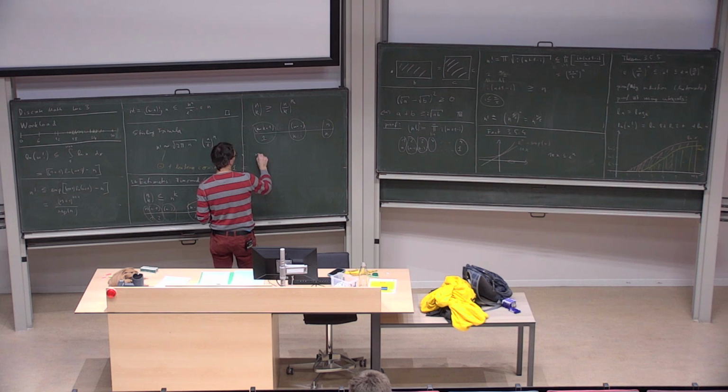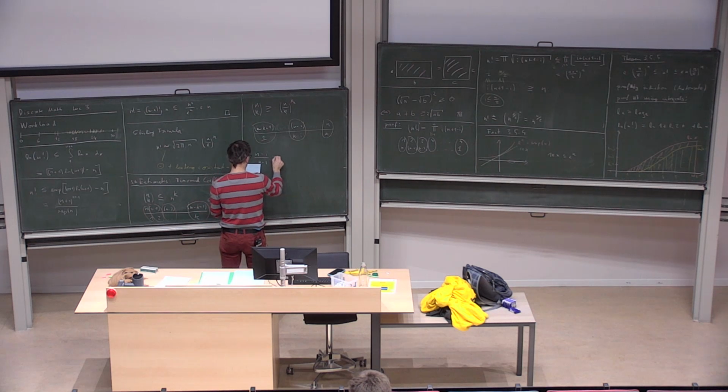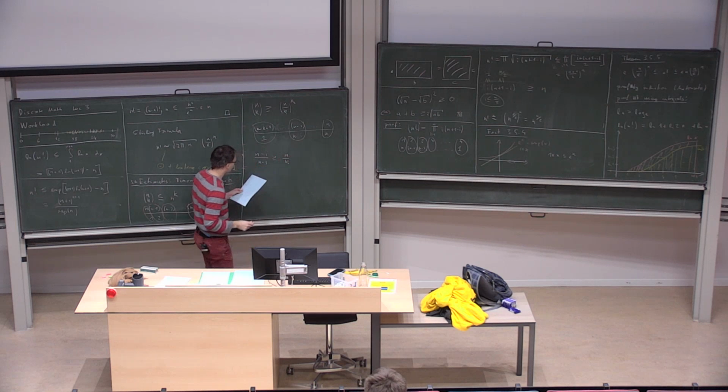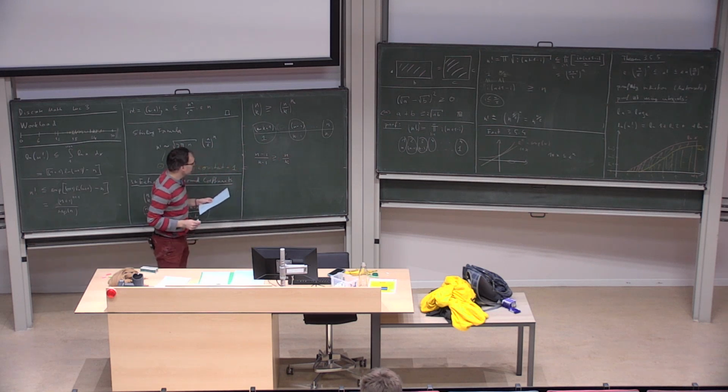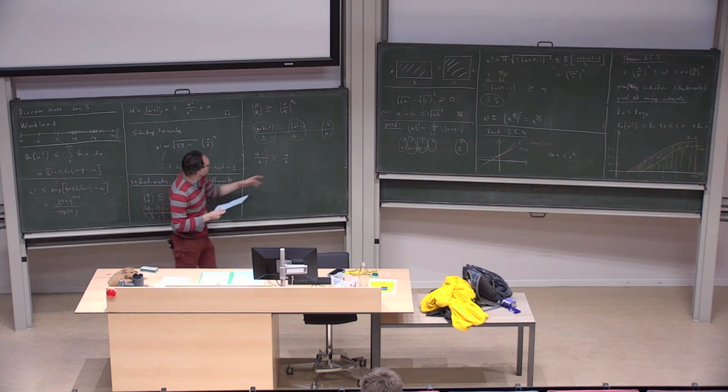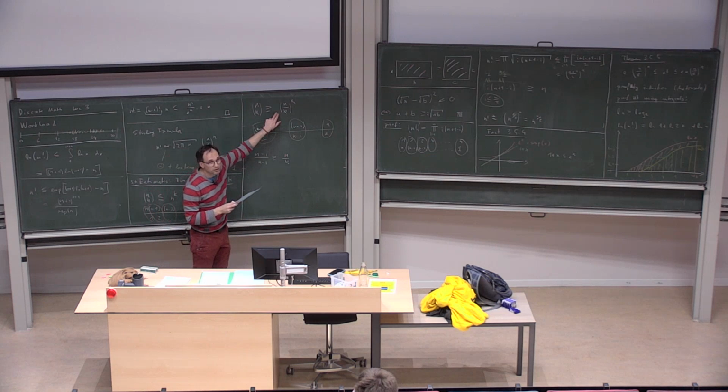And for each of them, n minus i divided by k minus i, we can lower bound them by n over k. I don't want to do this computation because I think it's boring, and you're all capable of doing it yourself. But with this, you get this formula.